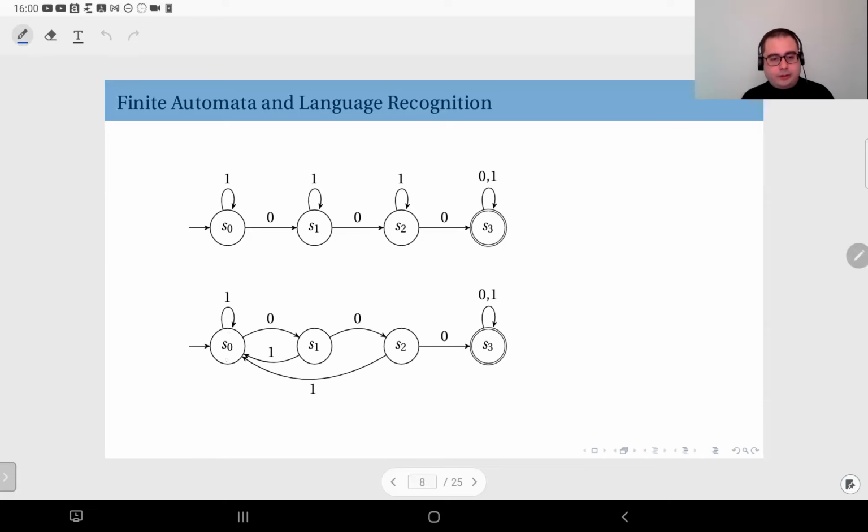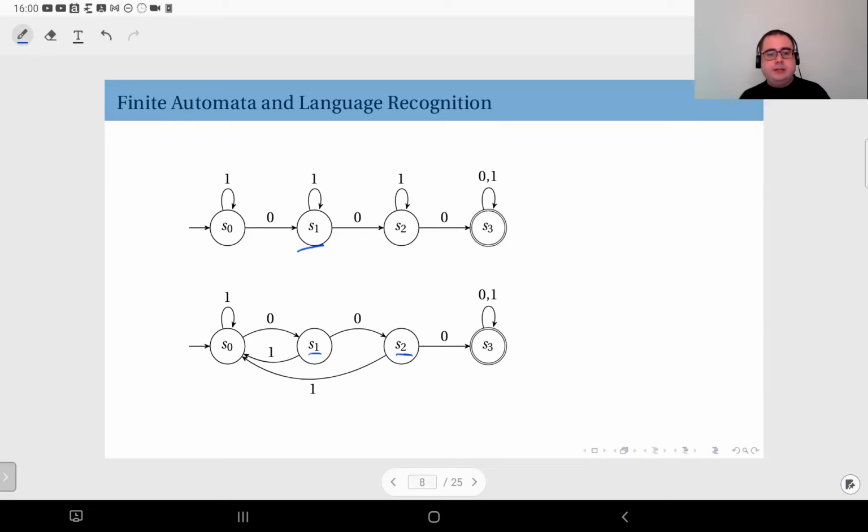Of course, when you are in S0, you stay in S0 with the 1. But when you are in state S1, the one earlier we discussed stayed in S1, but now it goes back to S0. So it's sort of a reset. Similarly with S2, a 0 takes you to the accepting state, but an input of 1 takes you to the initial state. So it's sort of a reset.